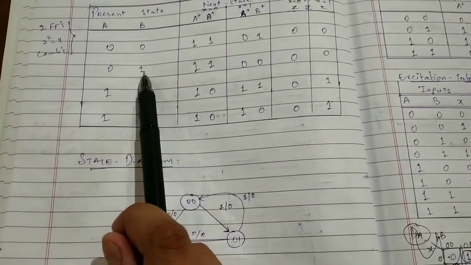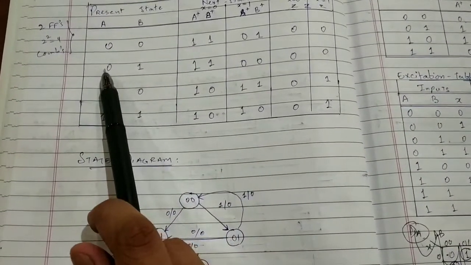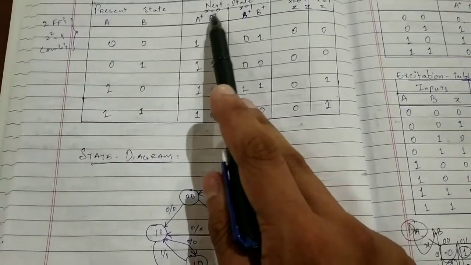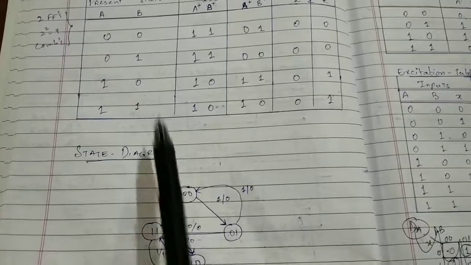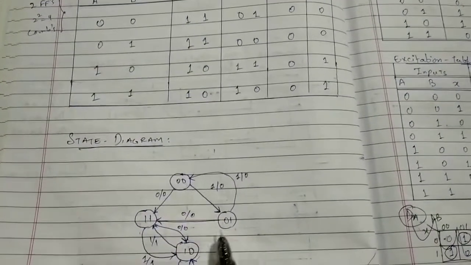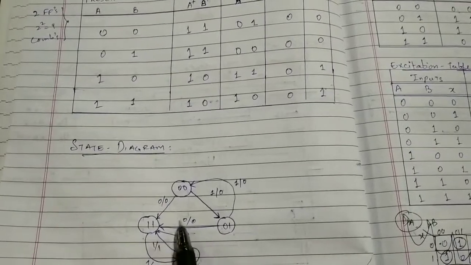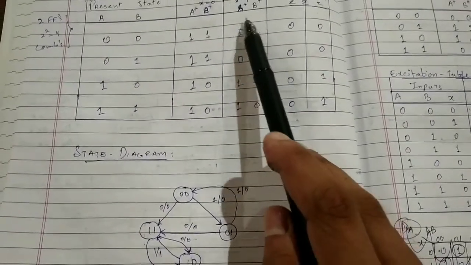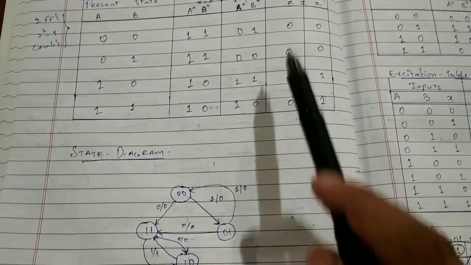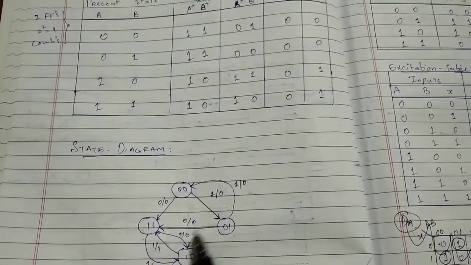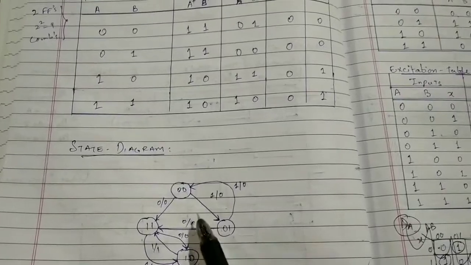When the present state is 0 1, the next state is 1 1 when input x is equal to 0 and output is equal to 0. So 0 slash 0.